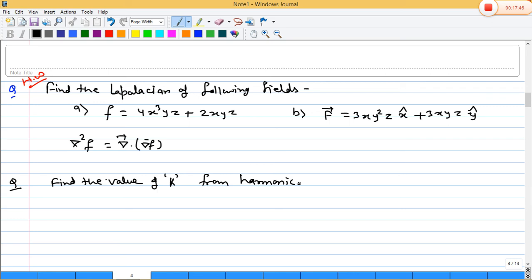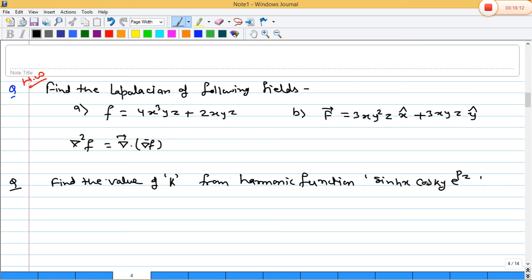What does a harmonic function say? A harmonic function says the Laplacian of a scalar will be 0. So I am going to discuss here the harmonic function: sin(hx) cos(ky) e to the power pz.